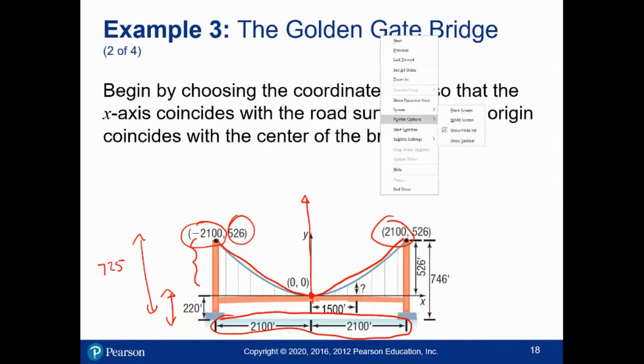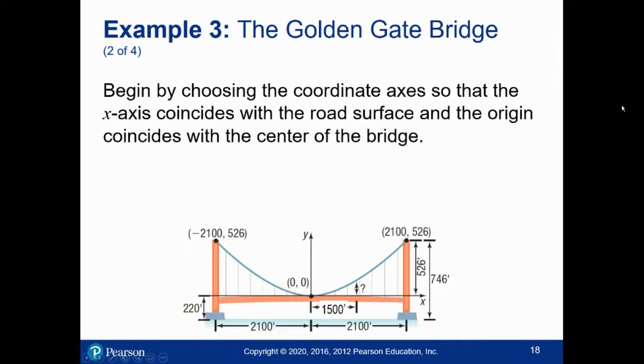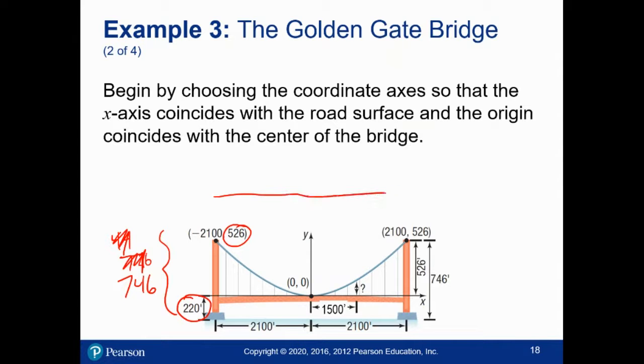So, using the information we were given, okay, the road is 220 feet above the water, but the towers are 726 feet tall, 776, sorry, I'm saying the wrong words, it was 746 feet tall. That gives me that the height of the tower is 526 feet above the road. We were also told that the distance between the 2 towers is 4,200 feet.